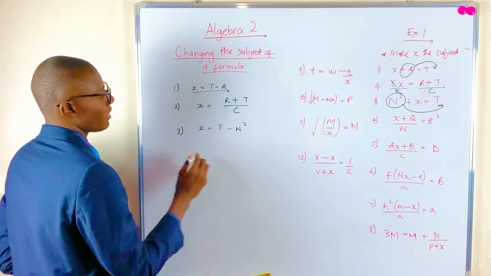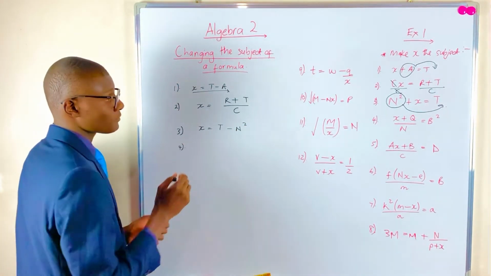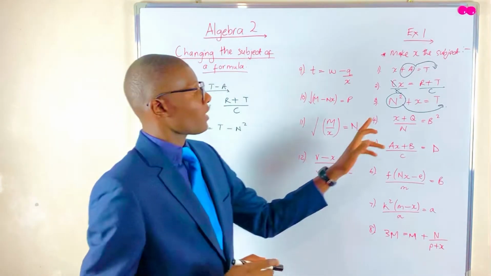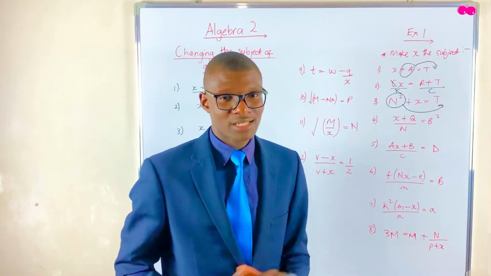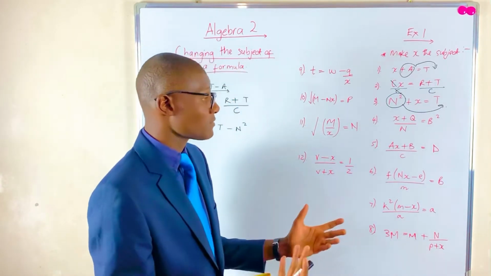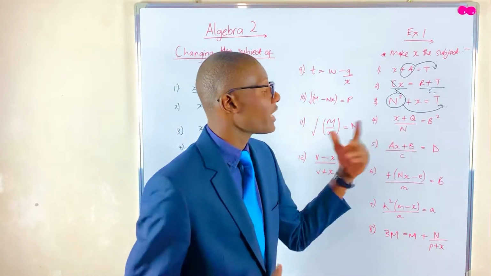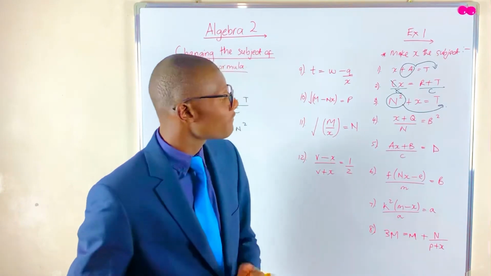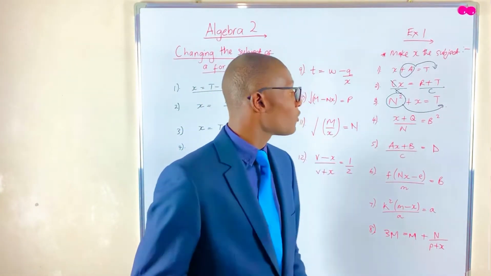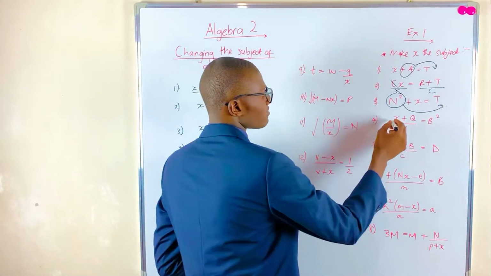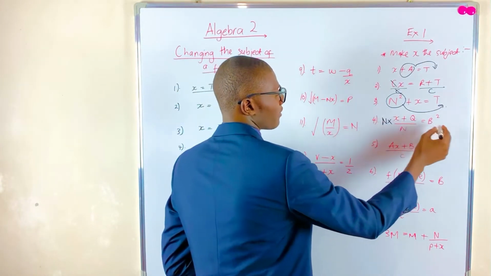And then for number 4, we've got x plus q over n being equal to b squared. So there are a couple of steps we have to take to make x the subject of the formula. First of all, we remove this denominator, which means we multiply both sides by n.